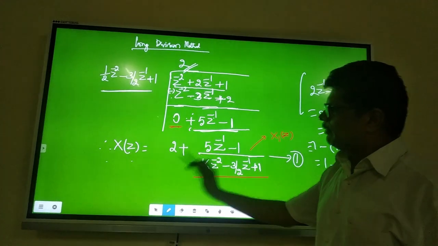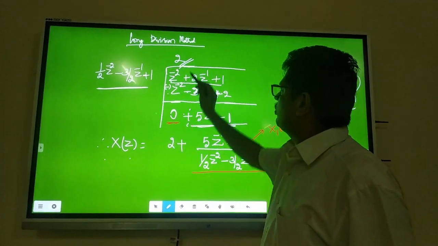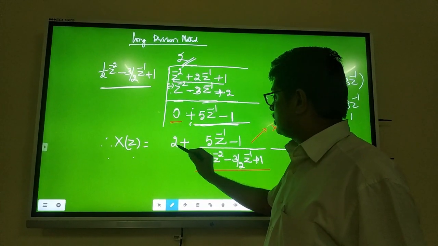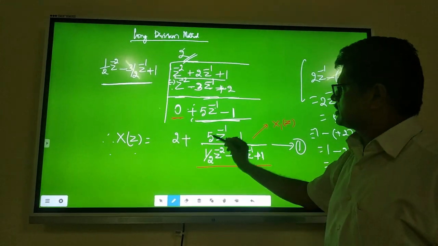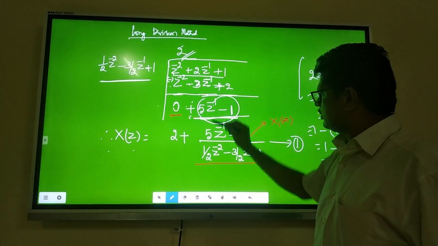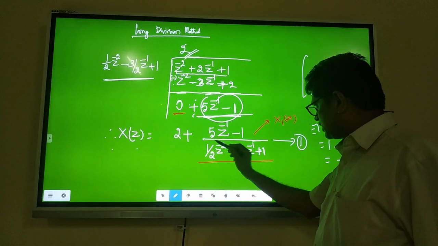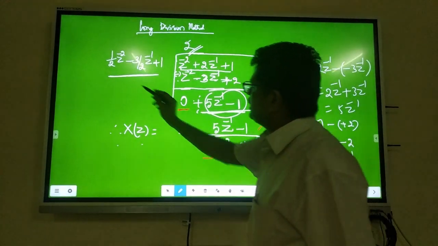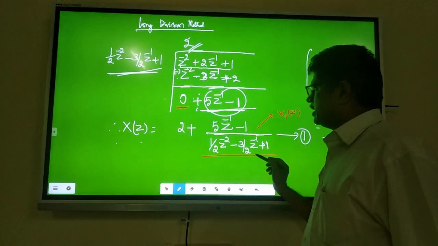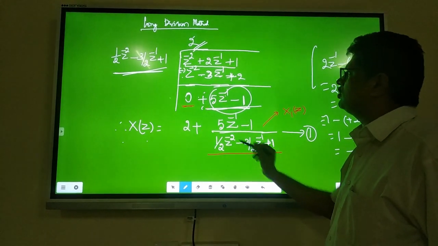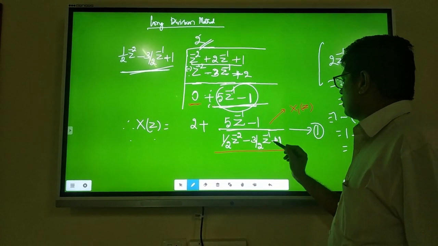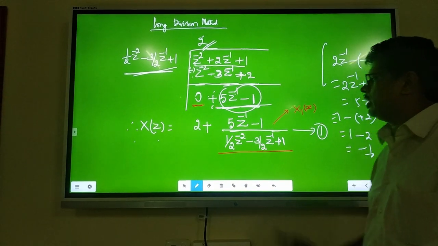Right? Now stop this. Now X of z is equal to, write the quotient here, 2, plus the remainder, 5 z inverse minus 1 as the numerator, and write the divisor as the denominator: 1 by 2 z inverse minus 2 minus 3 by 2 z inverse plus 1 plus 1.